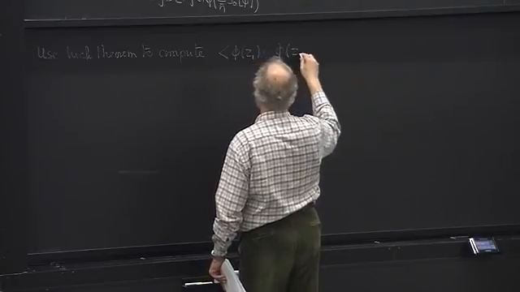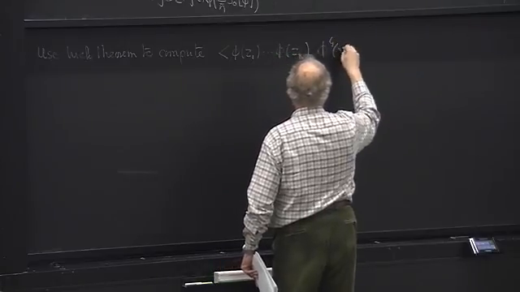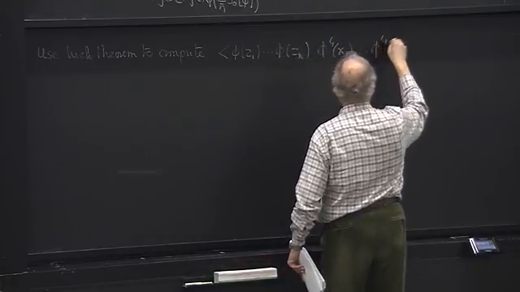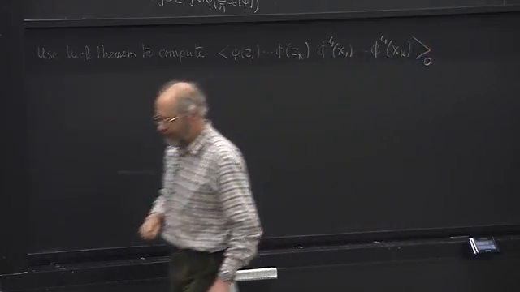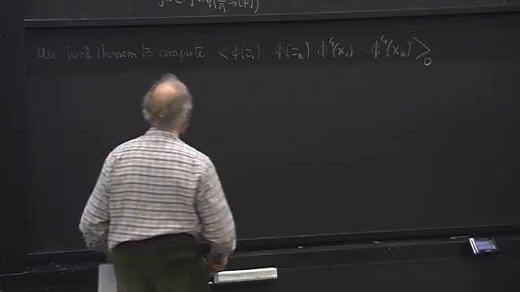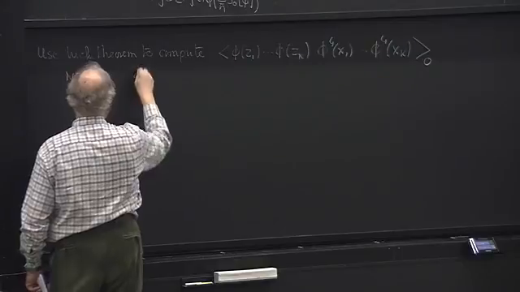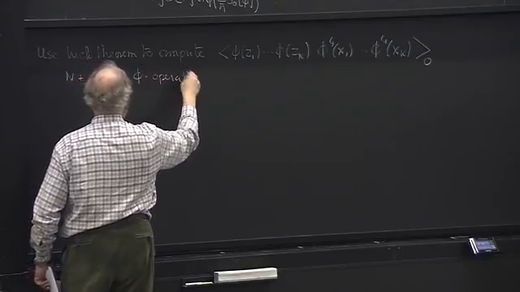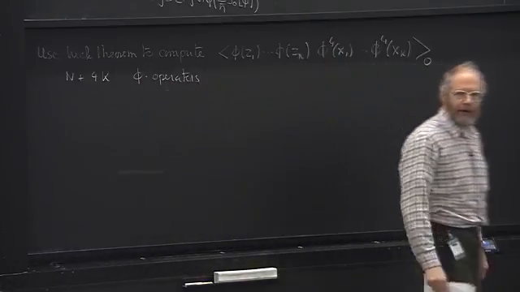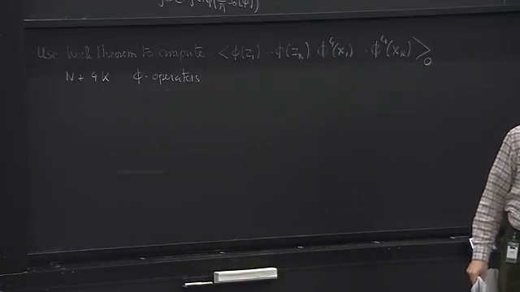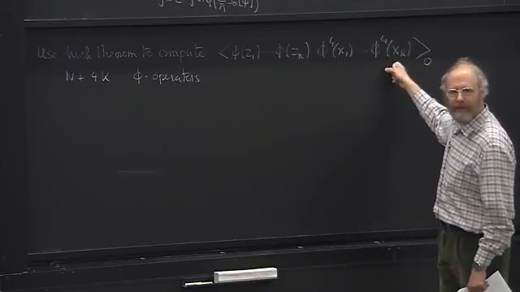So we have to compute the expectation value in the free theory of products of, how many do you have? You have n plus 4k phi operators. Simply, some of them are at coinciding points, you see? And you have to integrate over the positions of those points.